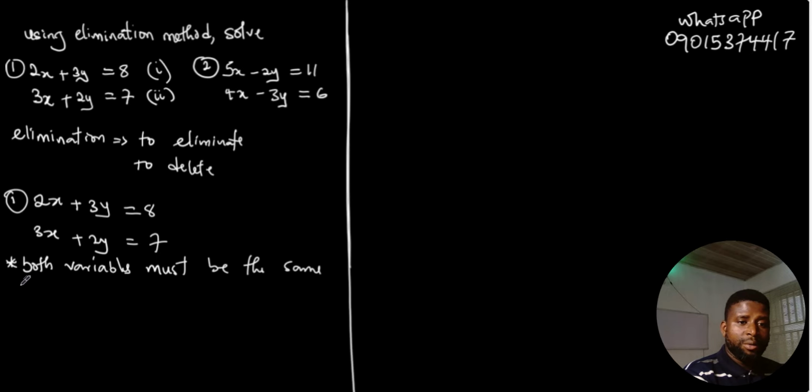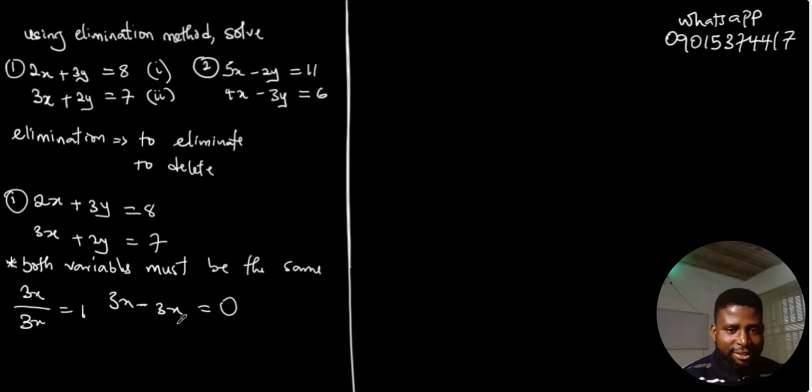For example, if I have 3x, to delete x, if I divide by 3x, I'll get 1. So 1 is still existing. 3x has been deleted, but it has changed to 1. So that's not what we wanted. To delete x, if I have 3x, if I subtract 3x, then I will get 0. x has been deleted, right?